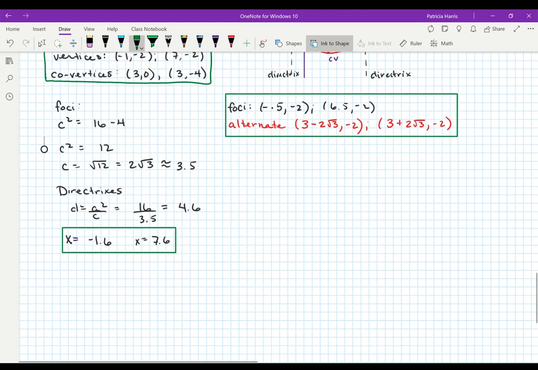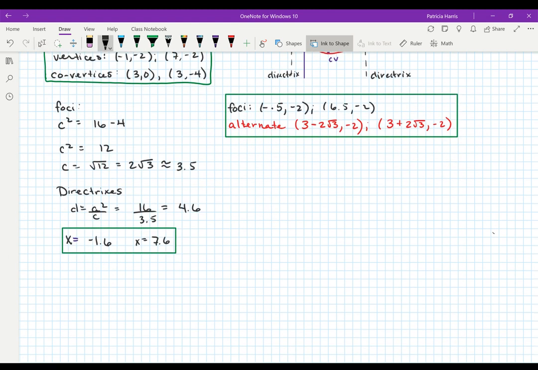Okay, another way to write it is going to be x equals 3 minus, hold on, this is if you want to get super fancy.